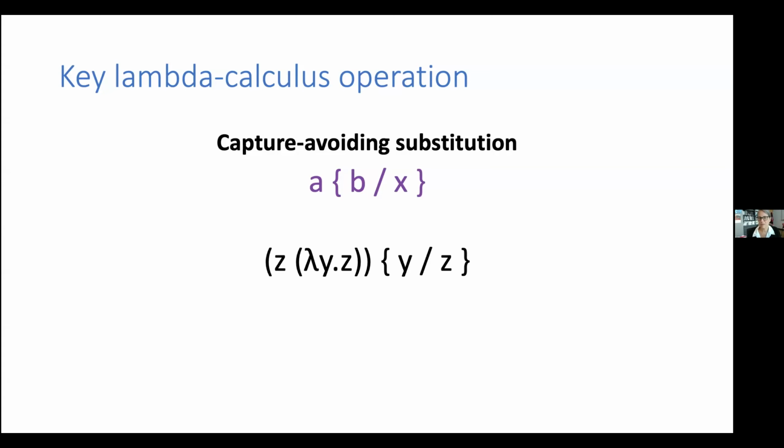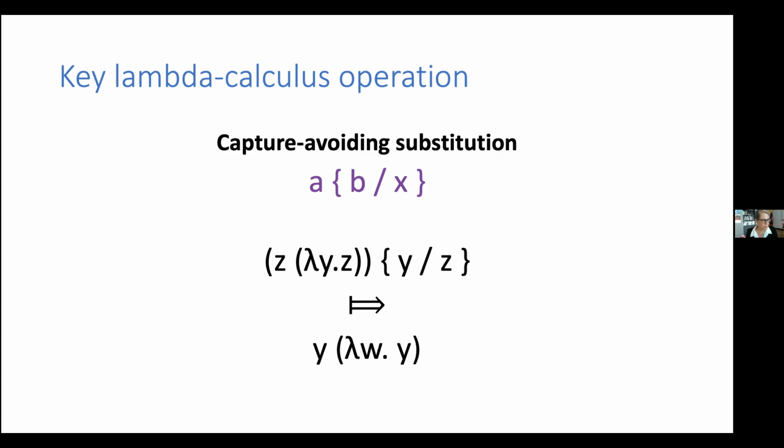We have to be careful of capture, because that second z is underneath a y. When we do substitution here, we have to rename that bound variable so that it doesn't capture the y, the free variable that we're substituting in.